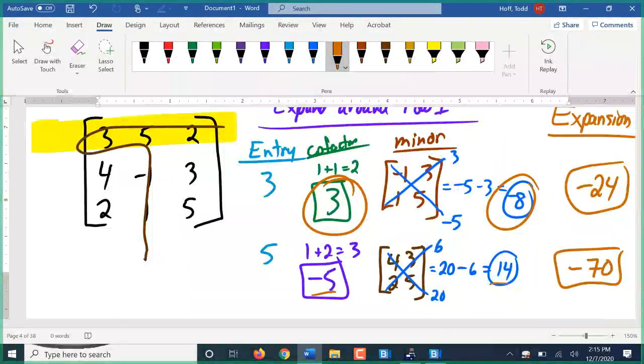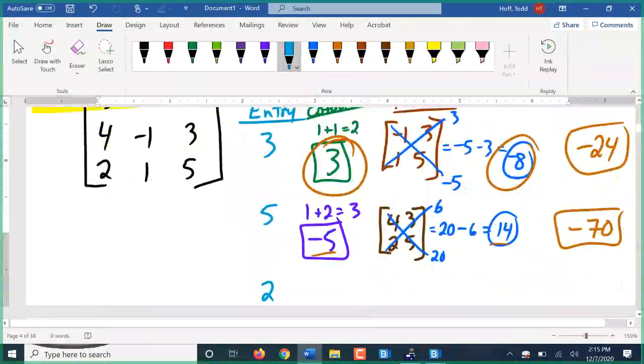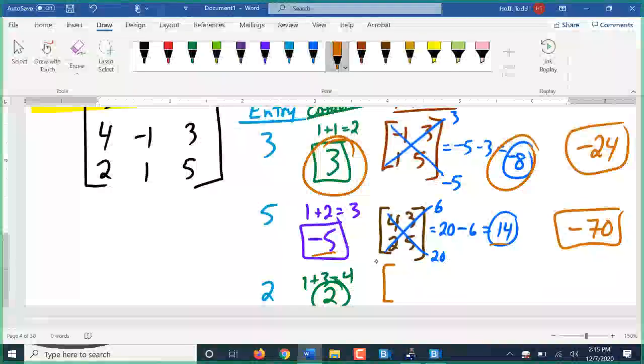And I have one more entry in that row, which is the 2. The 2 is in row 1, column 3, which adds up to 4. That's an even number. So it's just the entry. The cofactor there is just the 2. Its minor is 4, negative 1, 2, 1.